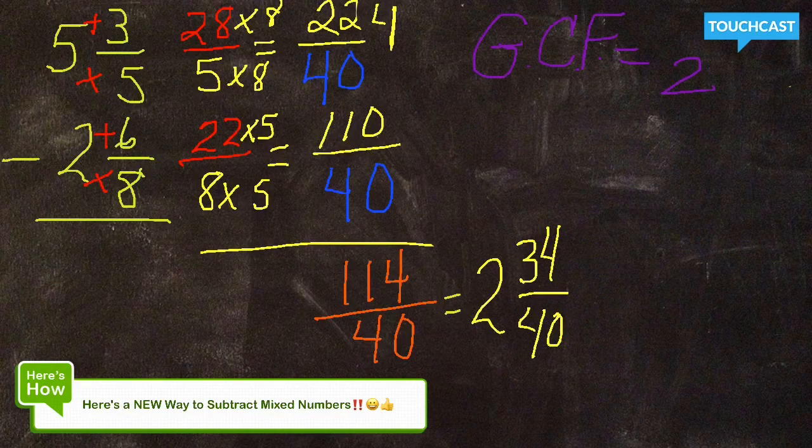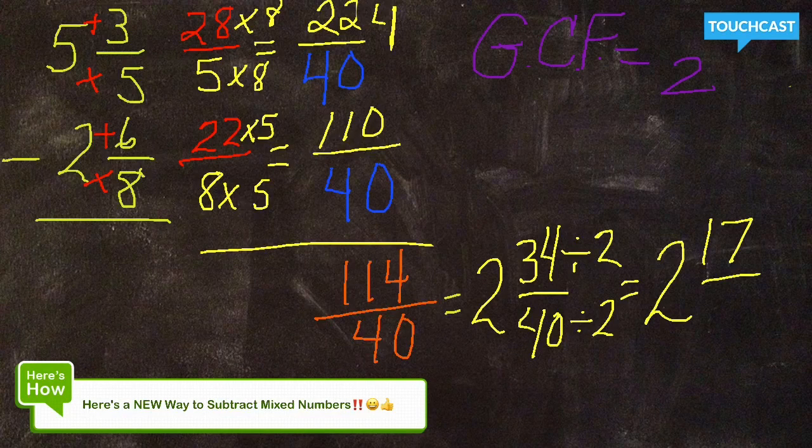Alright, so let's divide this by 2, and we'll divide this by 2, and we will get 2 and 17/20. Now we're done. And that, my friends, is your final answer.